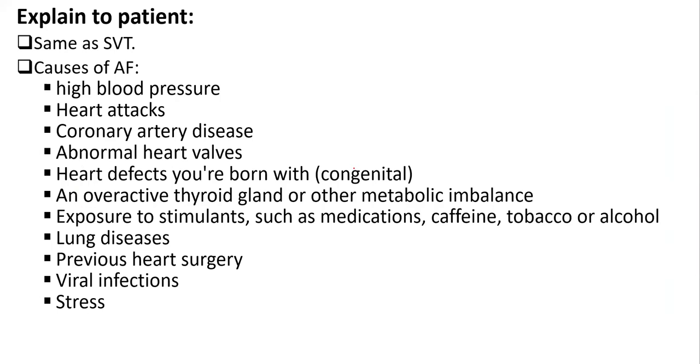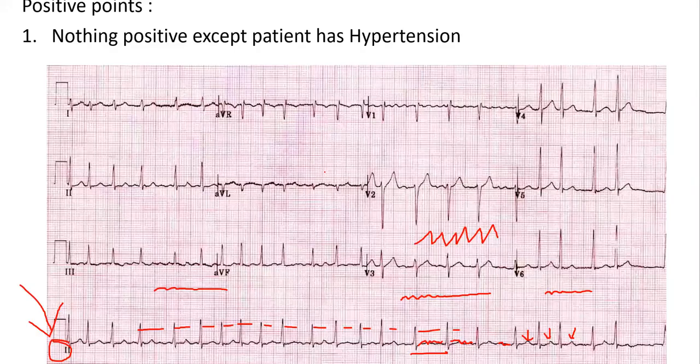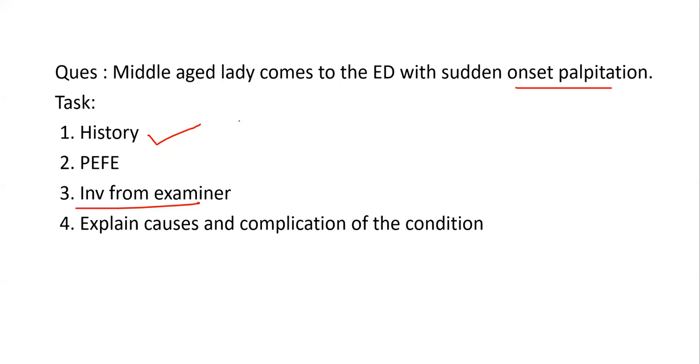Okay, so once you have explained the ECG to the examiner, the next task will be to explain the diagnosis to the patient. And sometimes they also give you another task. The task is like this: explain the cause and implication or complication of the condition.